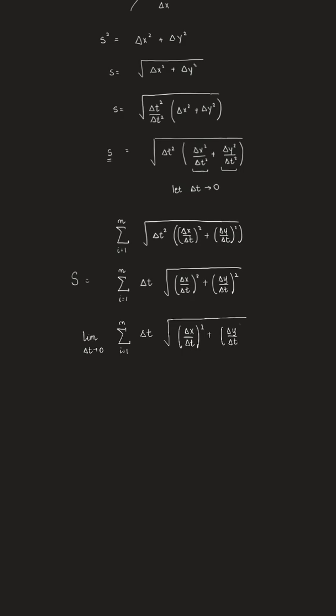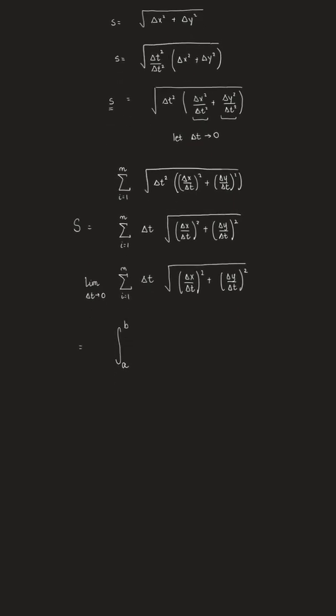And so what happens when we take the limit is we're going to have an integral from a to b. We're going to get the exact length of this curve. Call it capital S or L, or whatever you want to call it. And delta t, as it becomes infinitesimally small, is going to be our dt.